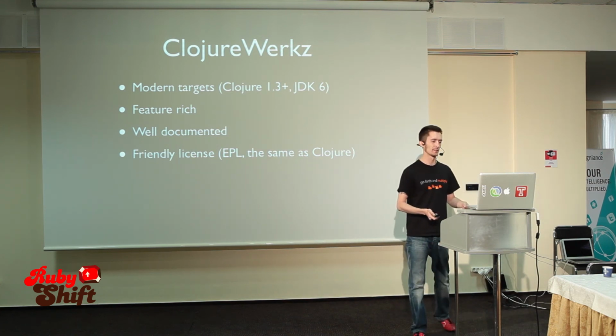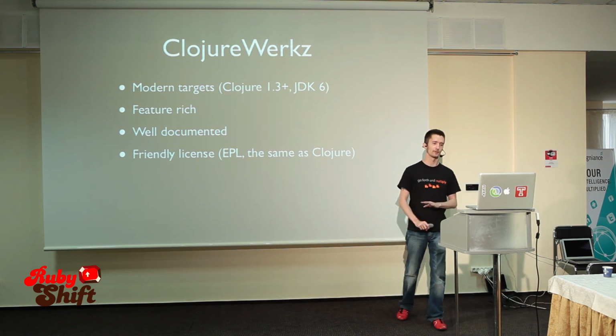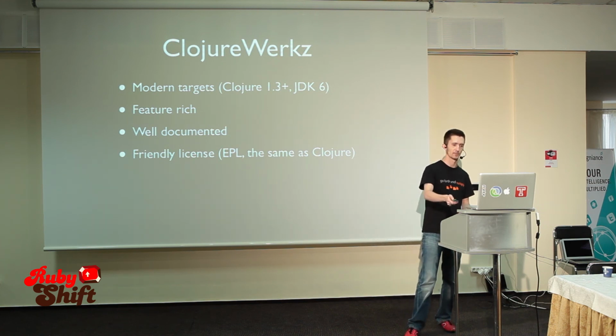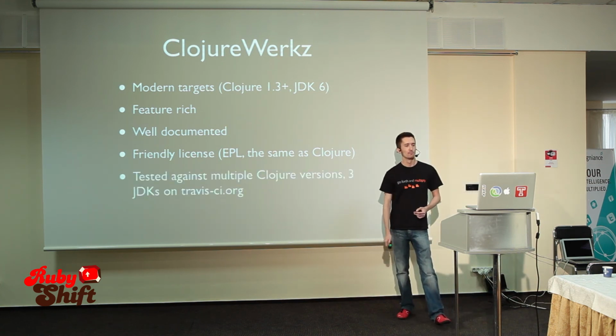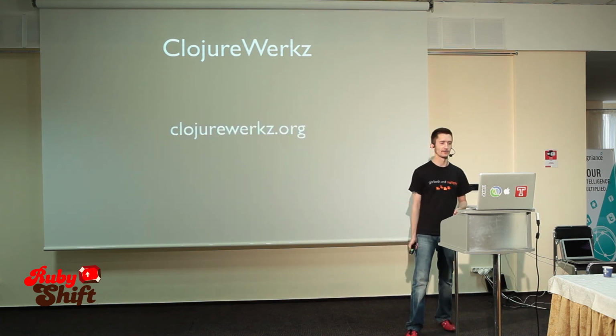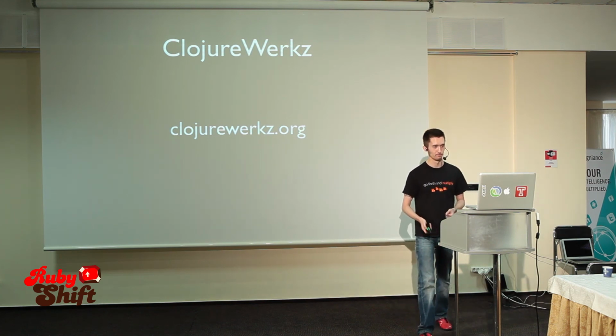It uses the same license. The Clojure community almost entirely uses the Eclipse Public License, which is BSD style, or Apache style. We test against 3 JDKs, and that's where you get all that cool stuff, right? So write it down.